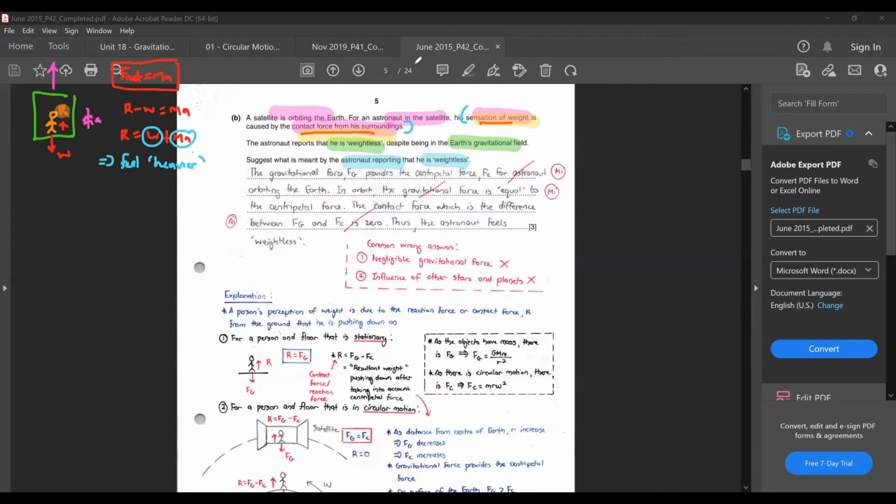Let me just write it here properly. Your sensation of weight, or rather your feeling of weight, is due to the normal reaction force from the floor.